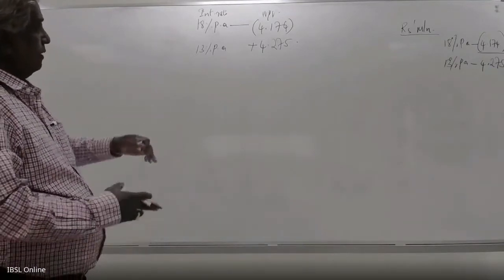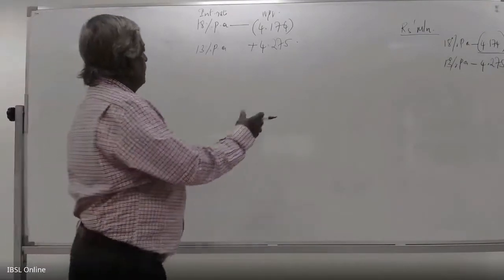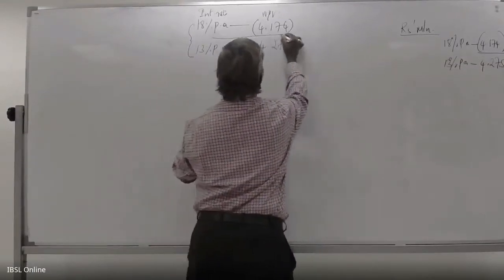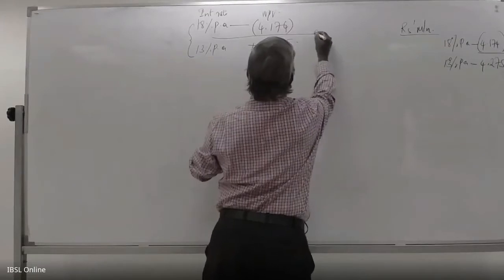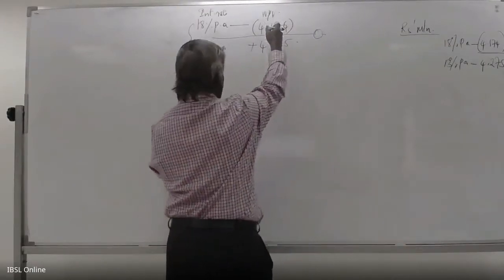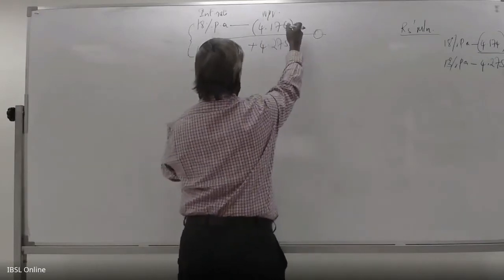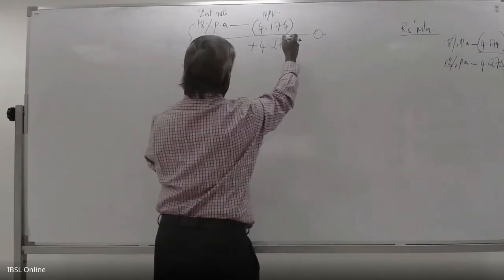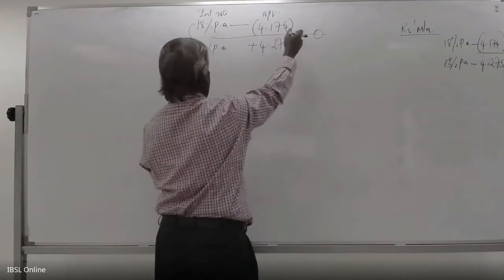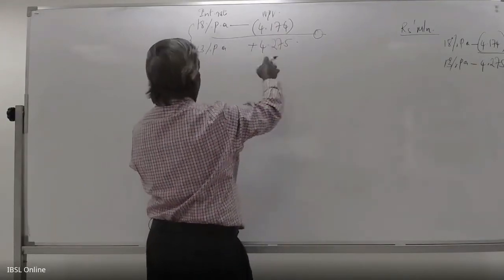It becomes positive. So in between these two interest rates, at some point, the NPV may be zero, because from negative, it becomes positive. 4.175, maybe 3 point, then 2 point, then 1 point, then 0, then plus 1, plus 2.